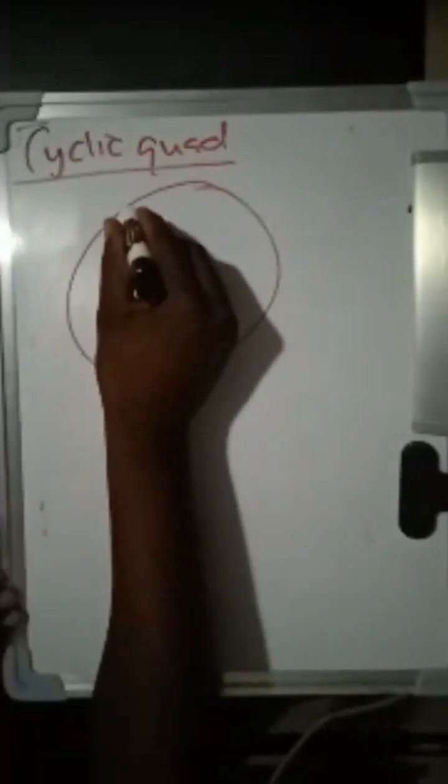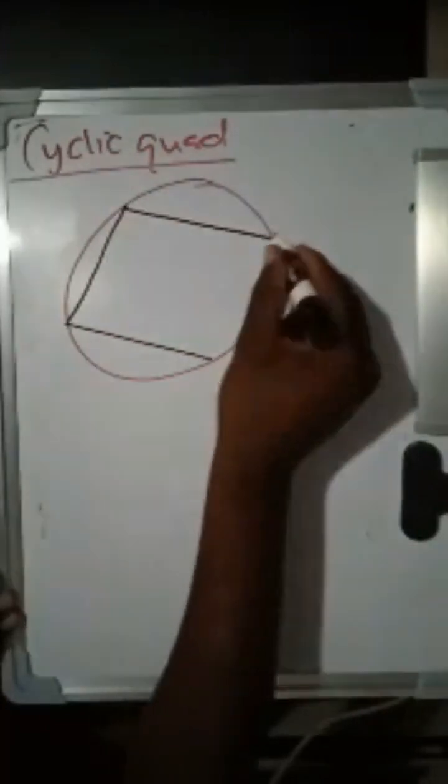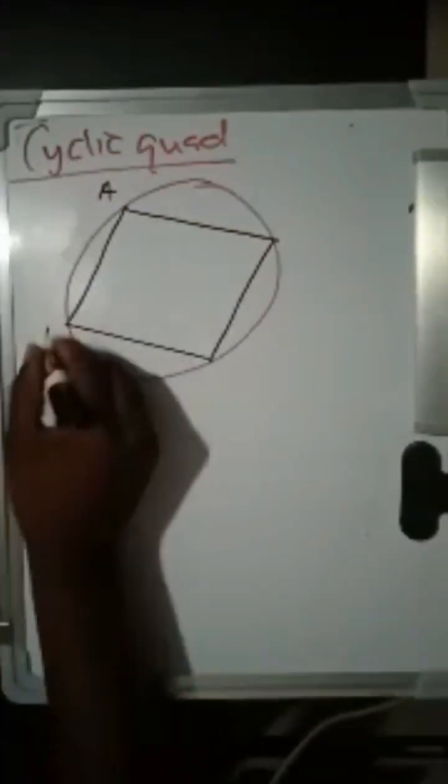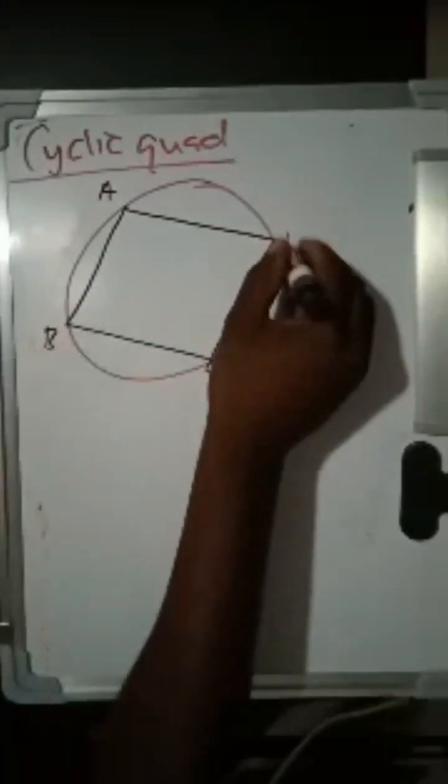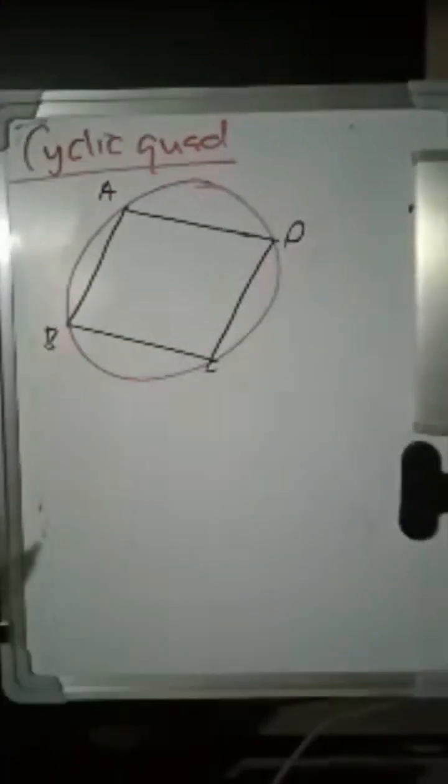So a cyclic quad is a quadrilateral with all four vertices touching the circumference, like that. So A, B, C, D. It means the shape that is inside there, which is A, B, C, D, is a cyclic quad.